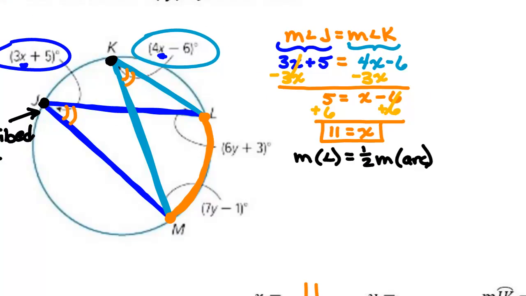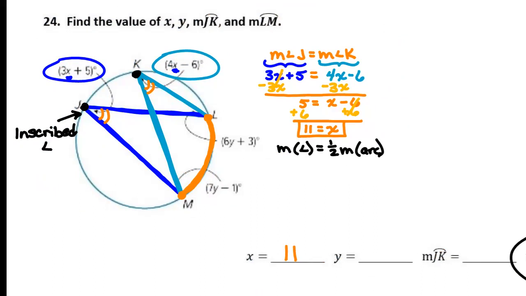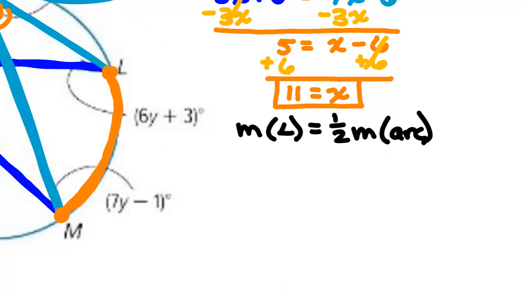So I have to pick one of those 2 inscribed angles that are intercepting arc LM. So I'm going to go with angle J. I could do angle K, but I'm going to pick angle J. Either one of these is going to get the exact same answer because those 2 angles are the exact same size.